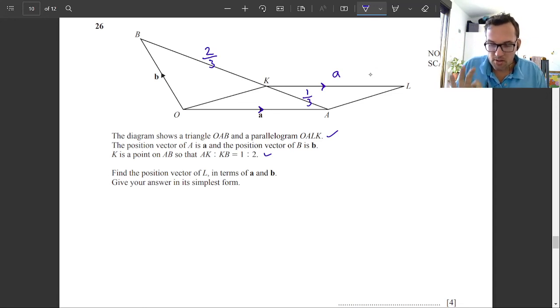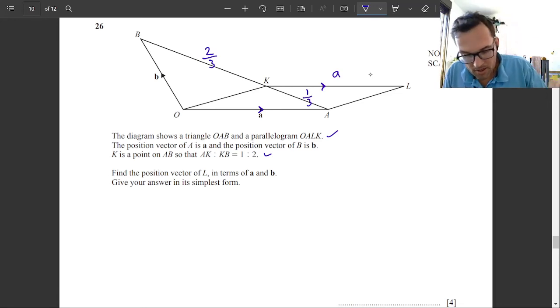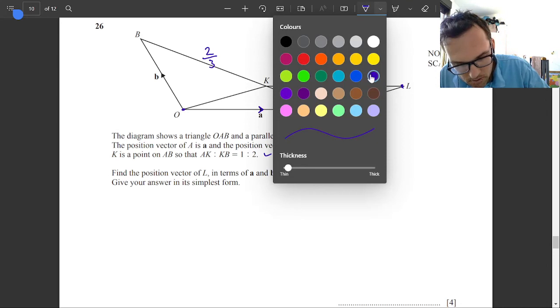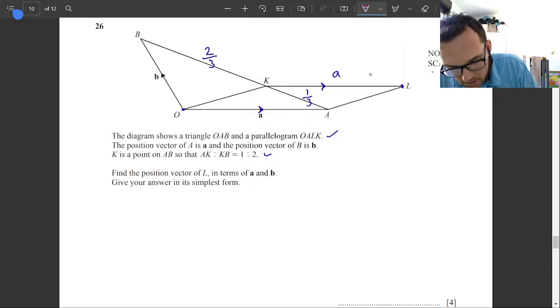Find the position vector of L. So that means going from O, which is the origin, to L, which is over there. We need to pick a path, and the path I'm going to pick is this path.